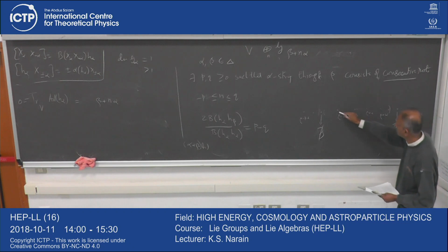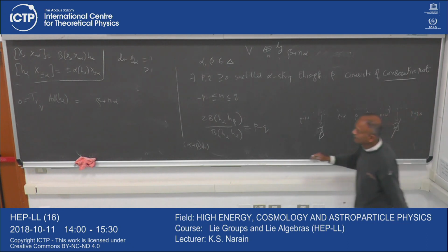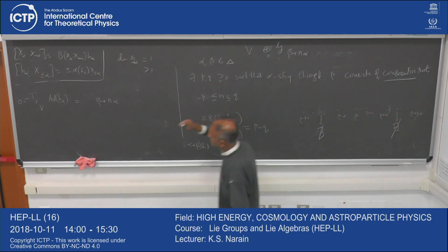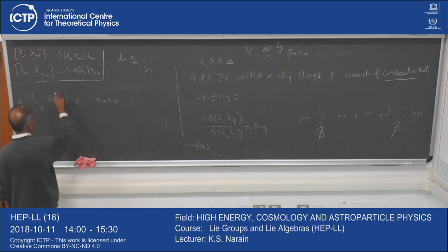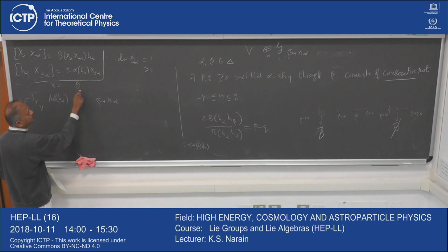But all I'm doing is that from here to there, this is consecutive. So let's suppose there is a chain. I take another space V1, which is now the span of G beta plus n alpha.